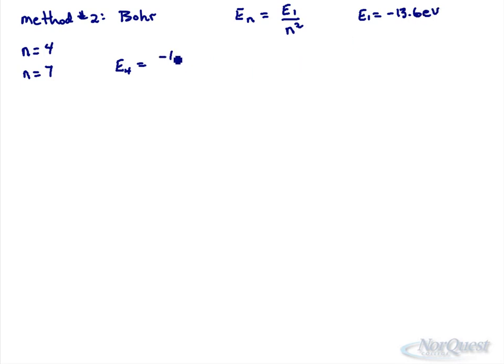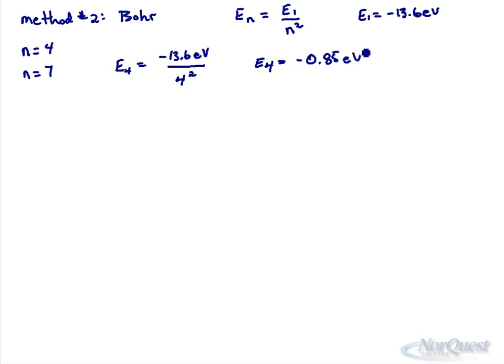So negative 13.6 electron volts divided by 4 squared. Bohr would have worked out how much energy the electron would have at these levels. So negative 13.6 divided by 16, in energy level 4, the electron would have 0.85 electron volts.